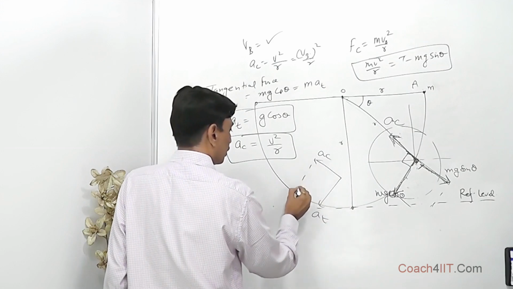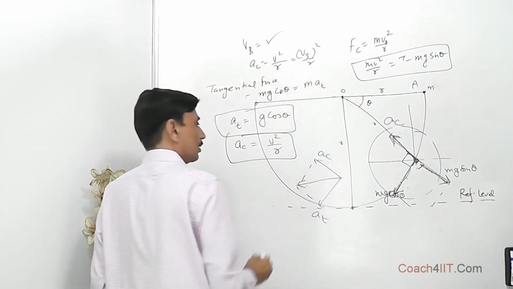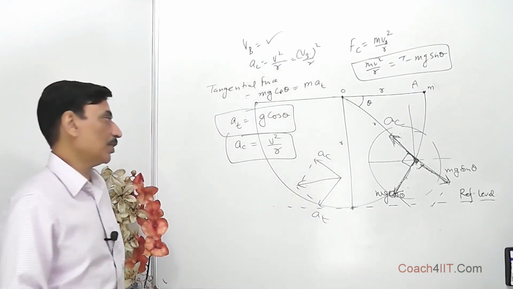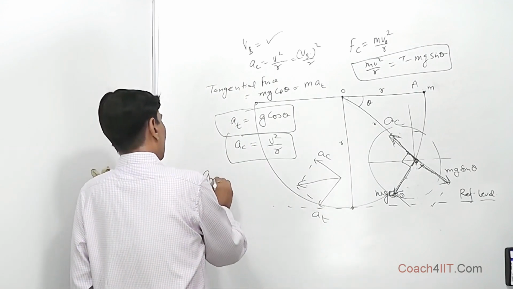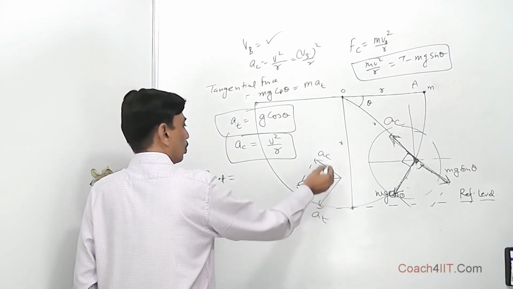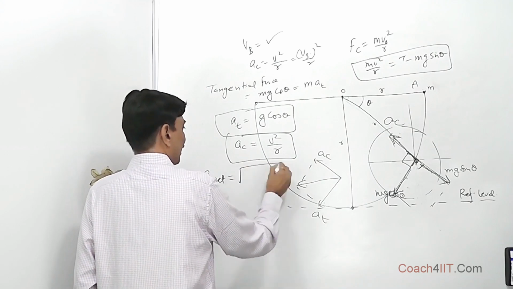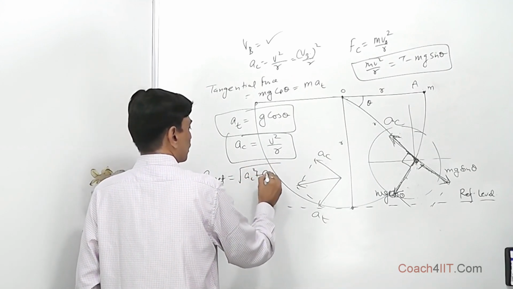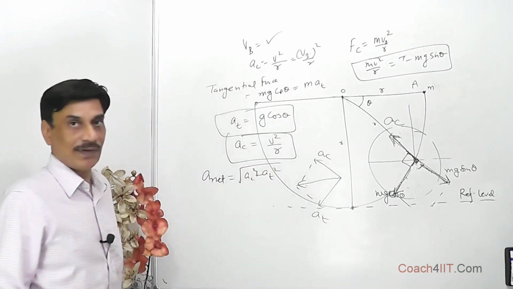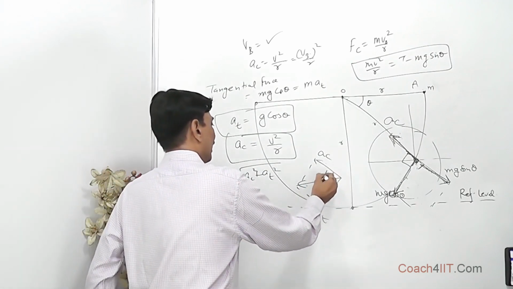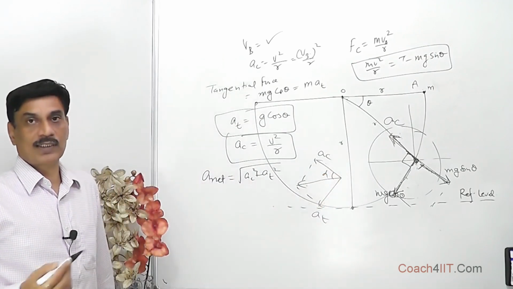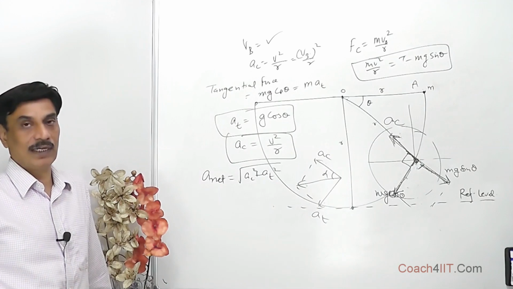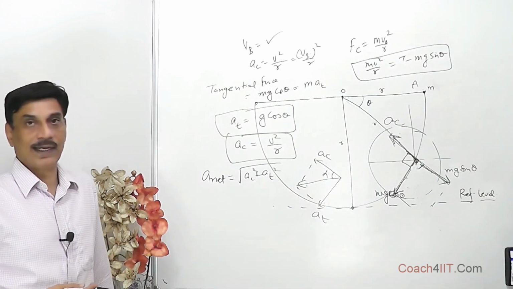So net acceleration is somewhere in this direction, which you can easily calculate. That is A net is the vector sum of these two, the square root of AC square plus AT square. If you have to find the angle alpha also, you can easily find it using vectors.